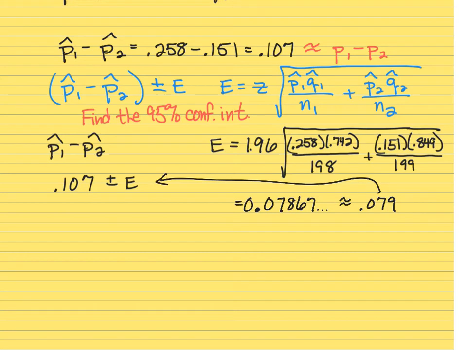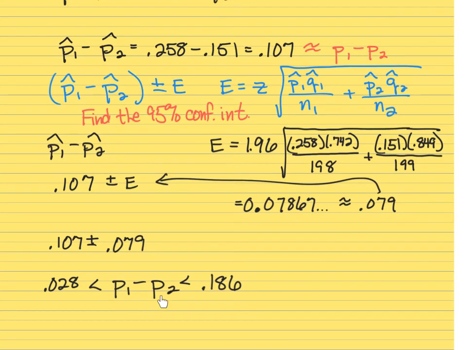All right. So 0.107 plus or minus 0.079 gives us that the difference between the population proportions, notice I'm just using p's here, is between 0.028 and 0.186, basically 3% and 18%.